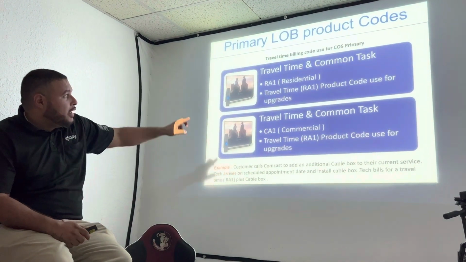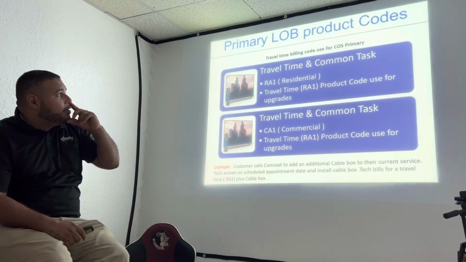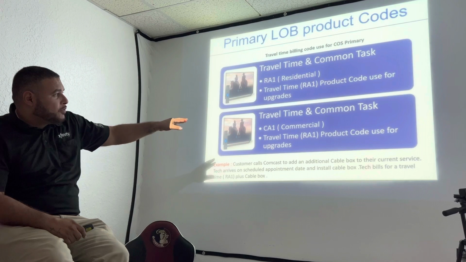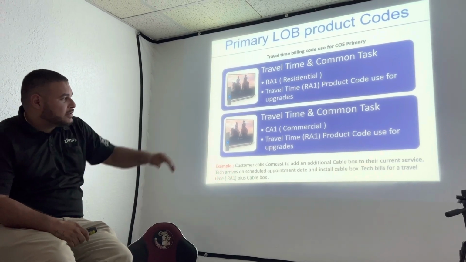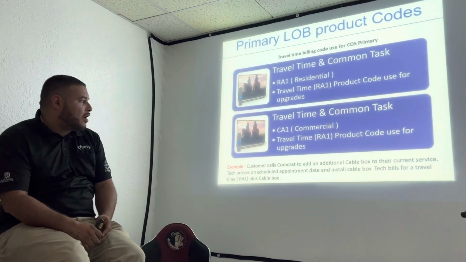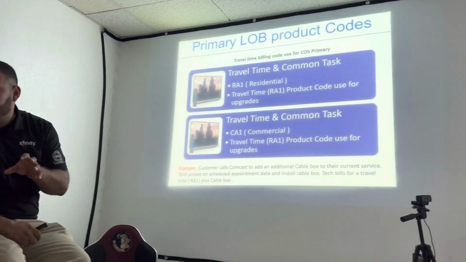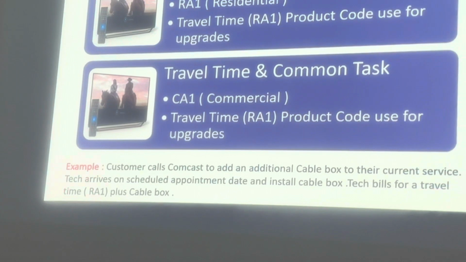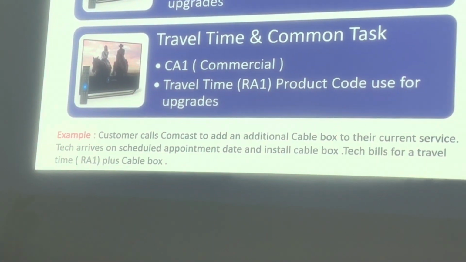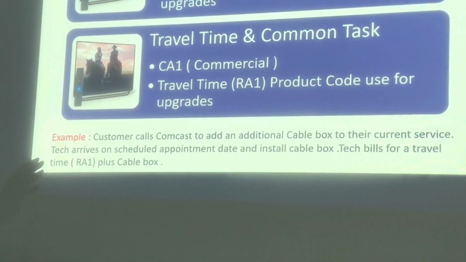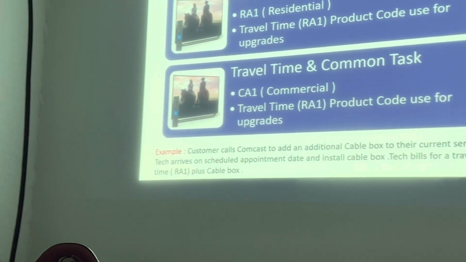Okay. Now travel time. Travel time billing code is used as a primary line of business code. For example, travel time is for common tasks, such as if the customer calls Comcast to add an additional cable box to their current service, they schedule an appointment date and install the cable box. Then the technician will bill RA1, not RM1.